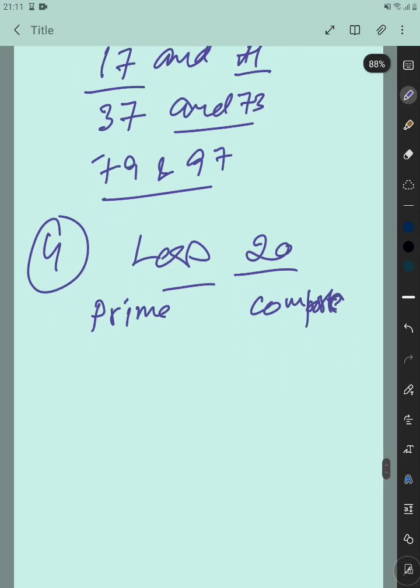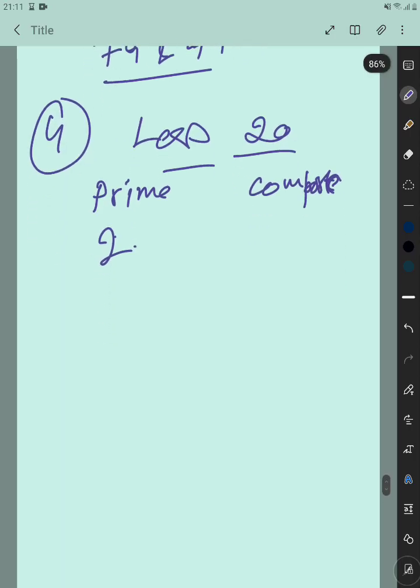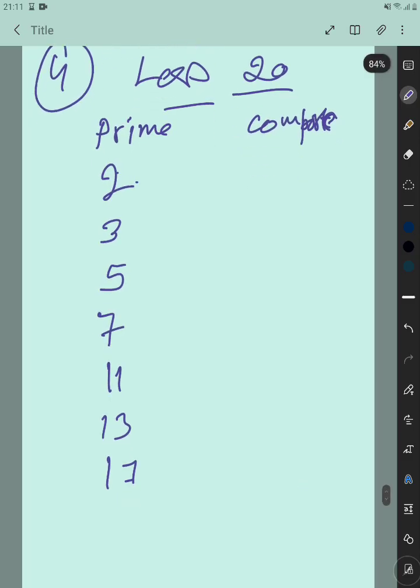As you know, 1 is neither composite nor prime, because it has only one factor, so we'll leave it. So primes will start with 2. 2, 3, 5, 7, 11, 13, 17 and 19.